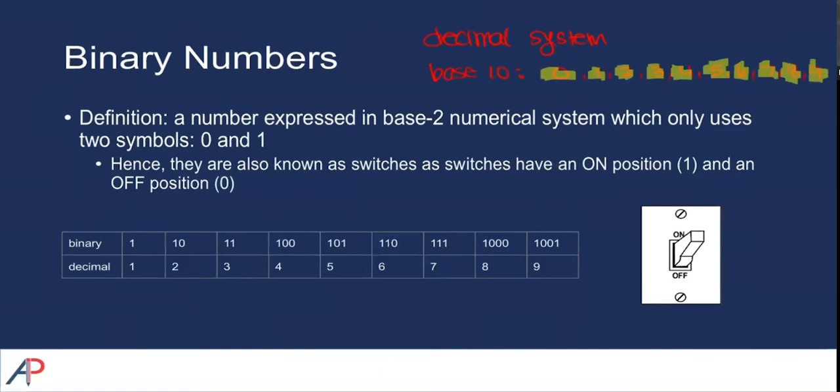There are 10 total digits. We do have more numbers, but those numbers are made up of these digits. 10 digits in total. So in a base 2 numerical system, we only have digits 0 and 1, because there are literally only 2 digits in a binary system.